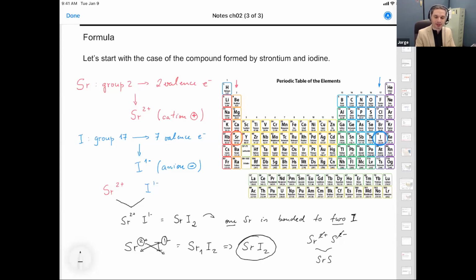Everything starts with locating the element in the periodic table, correctly determining the number of valence electrons, and then you combine both elements. Careful with the stoichiometry of the compound. You will determine that by crossing the charges, okay? And that's how an ionic bond is formed.